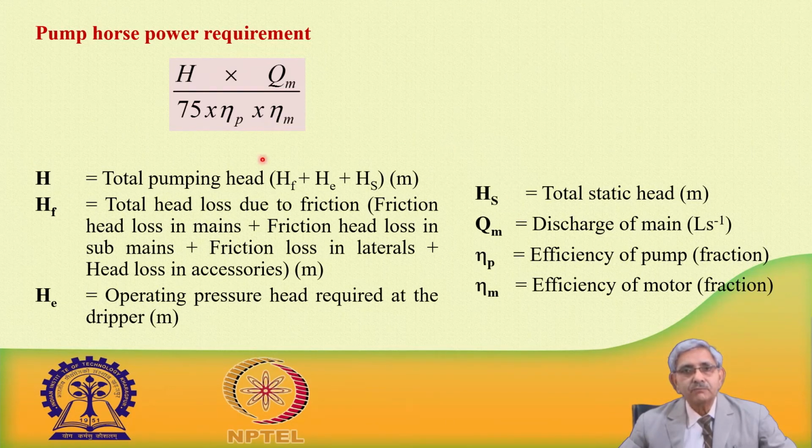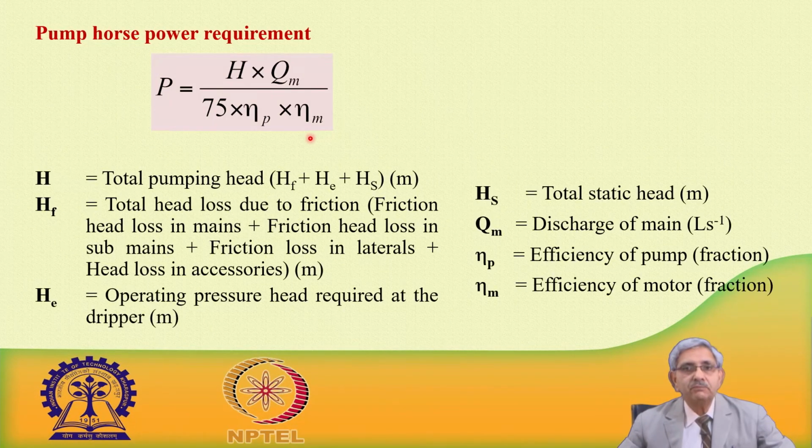Now, when we want to work out the horsepower requirement of the pump, it is given by the total pumping head multiplied by the discharge from the main, divided by 75 times the pump efficiency and then the motor efficiency. So, this computation will give the horsepower requirement of the pump.